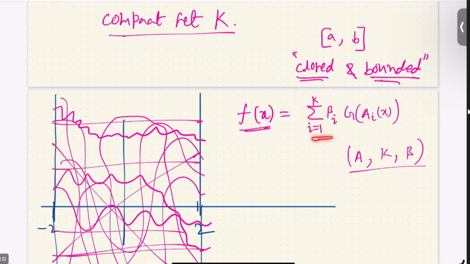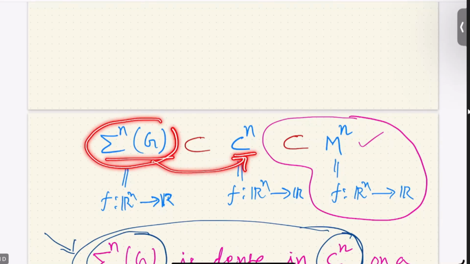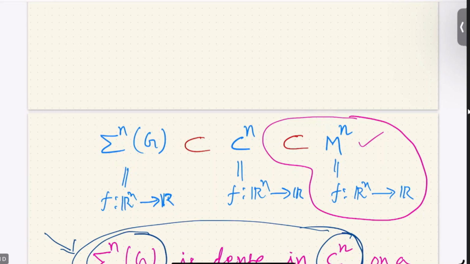This is also one function which is sitting inside this one. Now the question is, how is this a special collection from the CN that we are understanding?